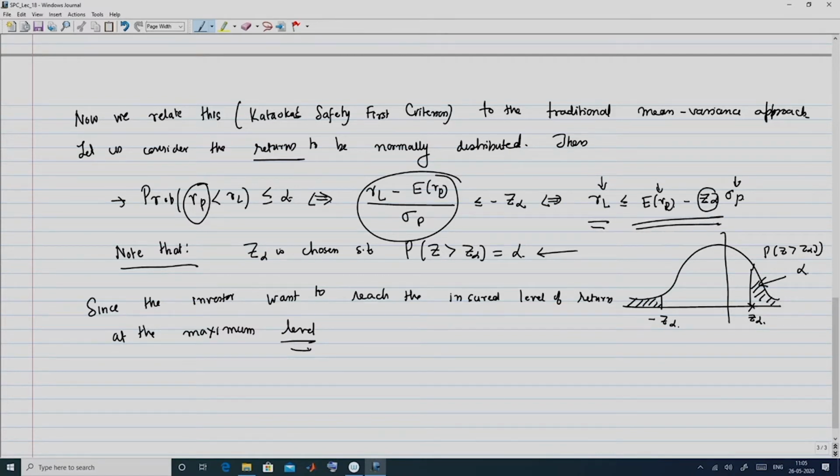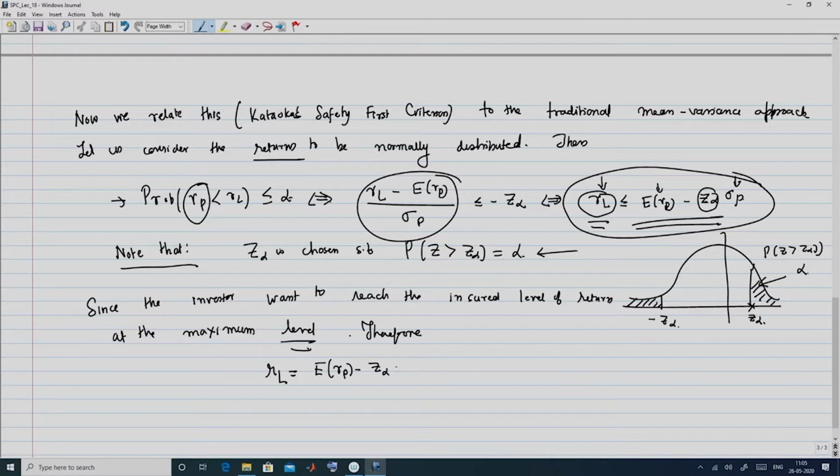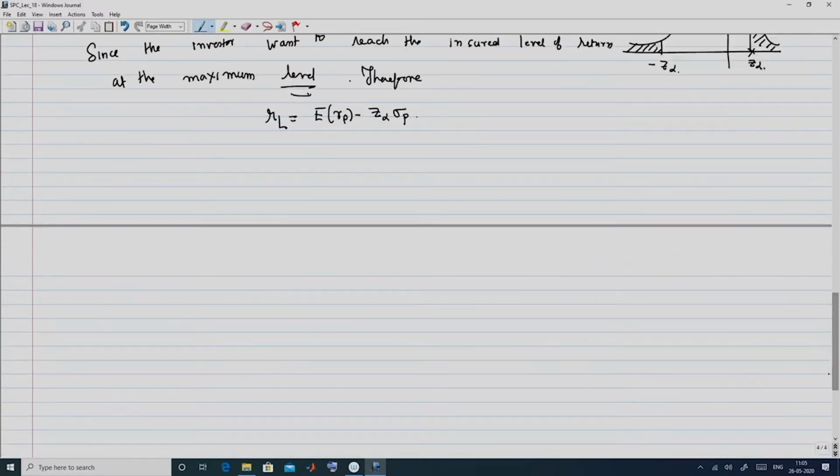So, obviously they want the insured level of return to be the maximum possible, and since we have the upper bound of that, from the investor's point of view, the insured level of return RL is going to be the upper bound, E of RP minus Z alpha into sigma of P. All right. So, now let us look at this through an example.